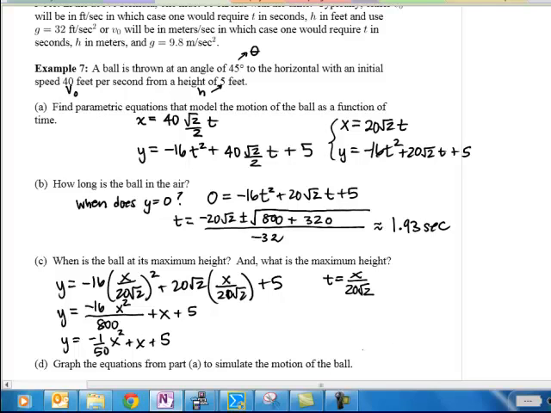All right. So what we're looking at is a parabola opening downward, which we knew. And so the maximum height is going to be the vertex of the parabola. In this case, x is negative b over 2a, which is negative 1 over negative 2/50ths, which would be 25.